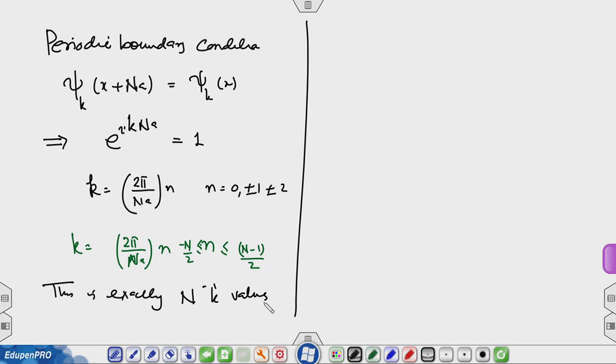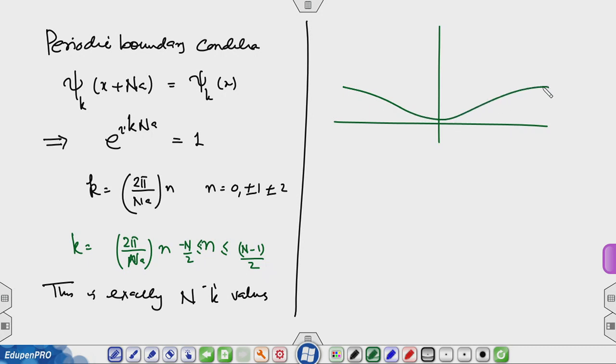Again, go back to free electron theory, go back to phonons, and there also we saw that there were n k values within the first Brillouin zone. So, in this band, there are exactly n k values.